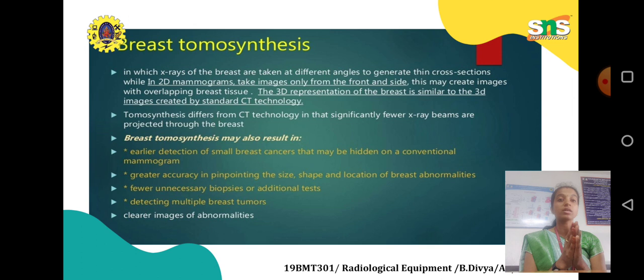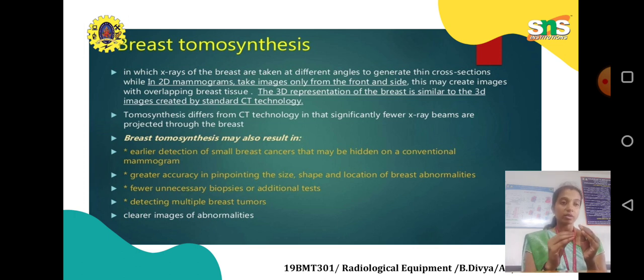So the three-dimensional representation of a breast is similar to the three-dimensional image created by standard CT technologies. So we are going for a three-dimensional image, which is very similar to 3D CT technology. CT, as we all know, is computed tomography technology, which is similar to this mammography.